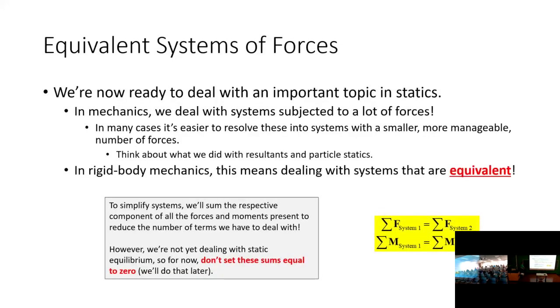So just to make sure we're all on the same page, what we've done over the past few lectures is we have defined moments, I think, till we're blue in the face. We've looked at the formal definition. We've looked at special cases with moments, such as force couples, moments about an arbitrary axis, moments in 2 dimensions.